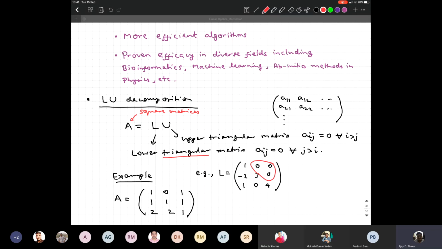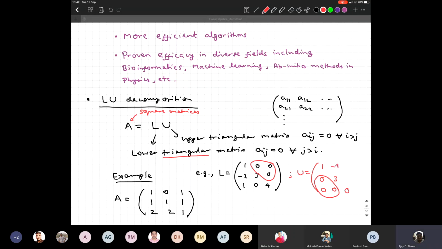And similarly, an upper triangular matrix could be, say, again, the diagonal elements need not all be non-zero. So some diagonal elements can also possibly be 0. But now in the upper triangular case, all the elements below this diagonal are going to be 0.